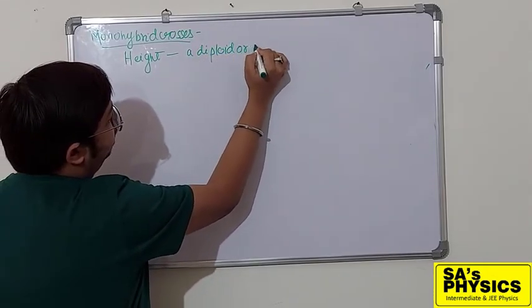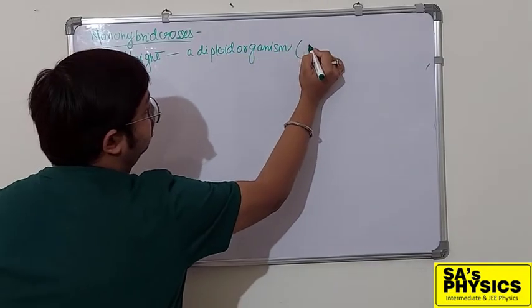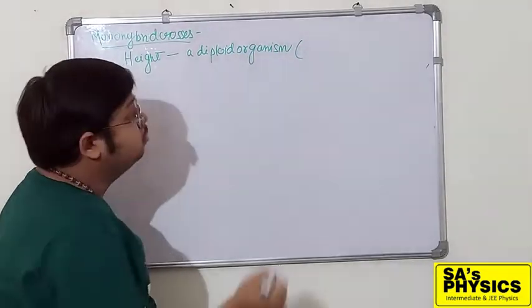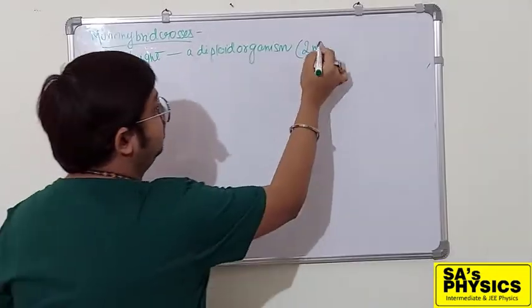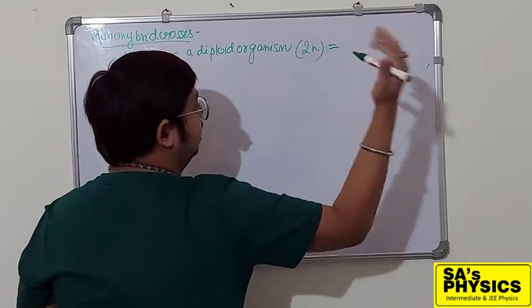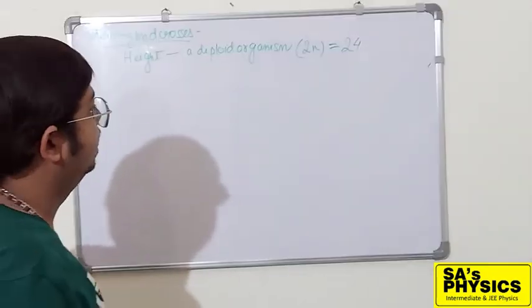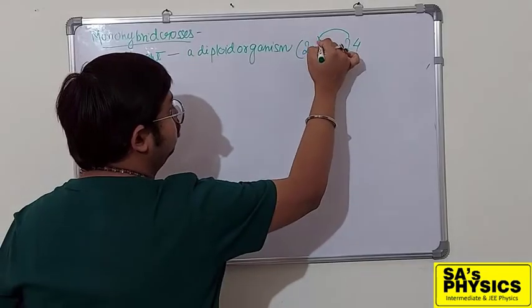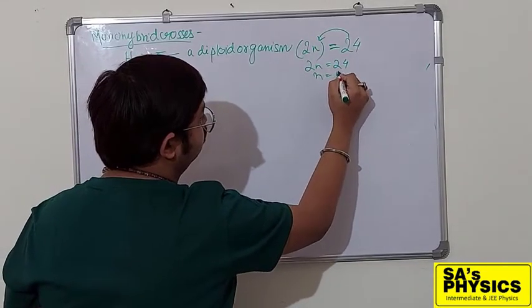A diploid organism. That means the total number of chromosomes will be 2n. Suppose 24 chromosomes are there in that organism and it's a diploid organism. So 2n is equal to 24. So the haploid will be equal to 12.